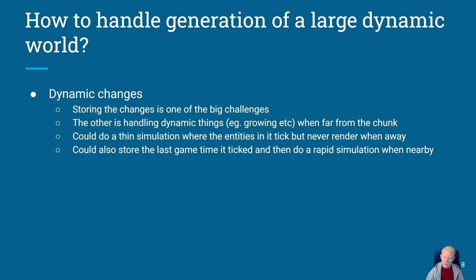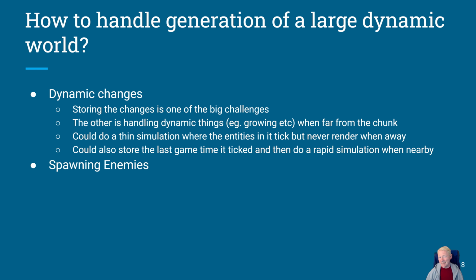And when we've been able to do that, we update things like the last game time ticked, and as we get further out, we do fewer in that thin simulation and more in that rapid simulation as needed when we get nearby. So a mix of both would be my approach, and prioritizing what things get ticked based upon where the player actually is with respect to them. I think that would work quite well.